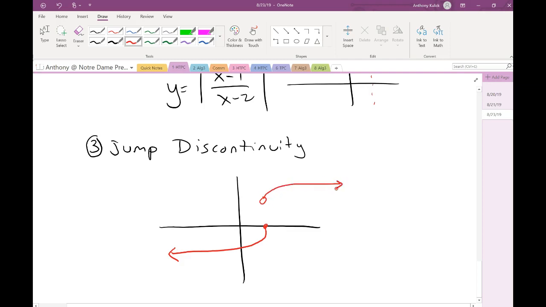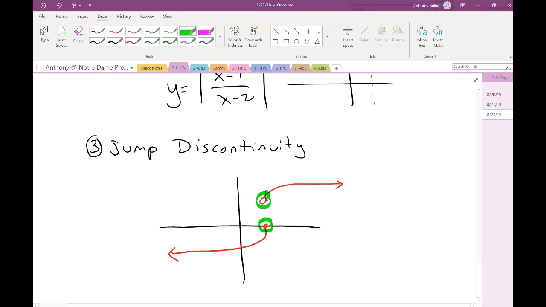But a jump discontinuity could look something like this, where there's just a jump in the graph, that it's continuous before and after that spot, but there's a jump there. Notice here, quite importantly, that one of the endpoints is open and the other endpoint is closed.